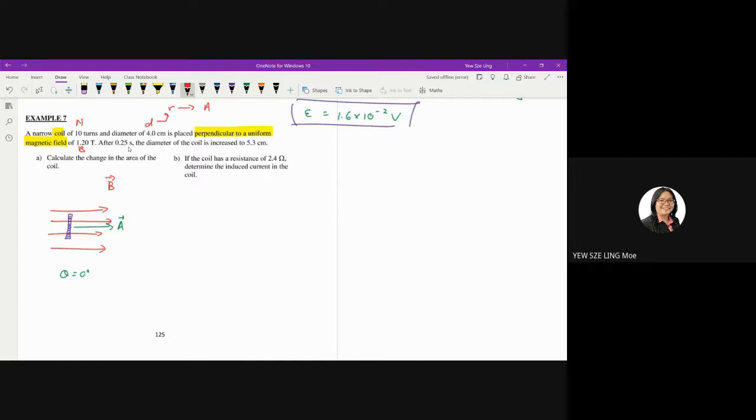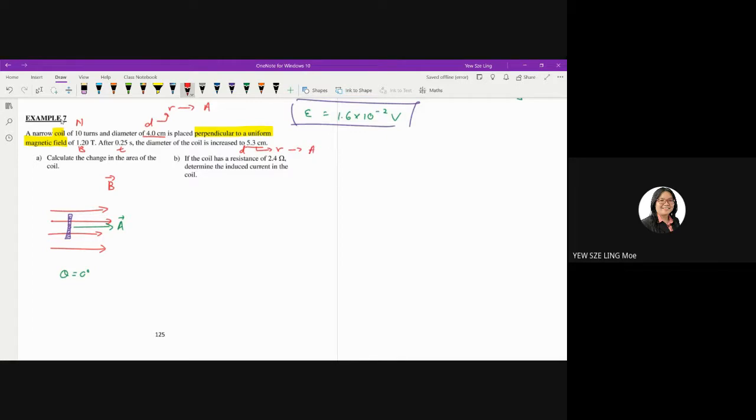After 0.25 seconds, this is your time, the diameter of the coil is increased to 5.3 cm. So once again, you are given diameter. So now you see, you have 2 diameters. What happens to diameter? Diameter gives you radius and radius gives you area.